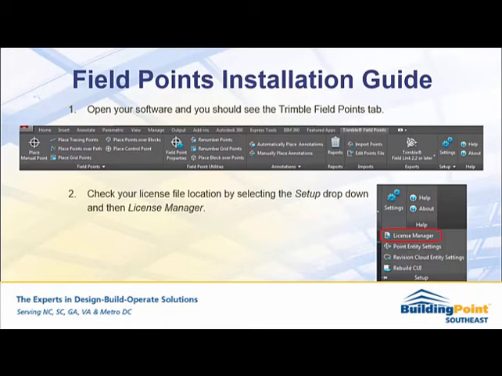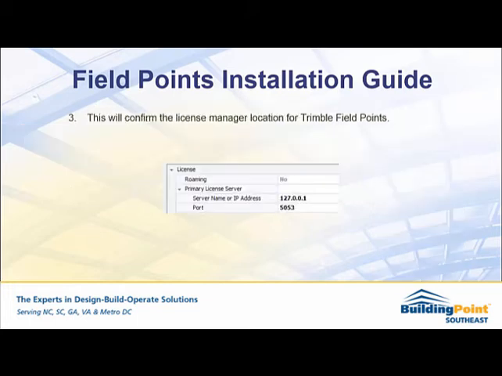As an optional setting, you can check your license file location by looking at this settings setup drop-down and clicking on the license manager. In the license manager dialog box, you will see an option for primary license server and the server name or IP address.